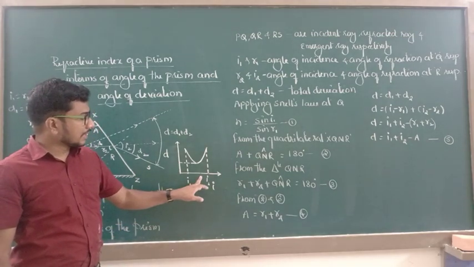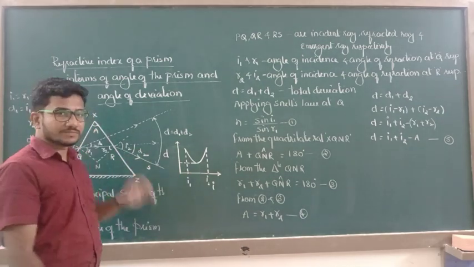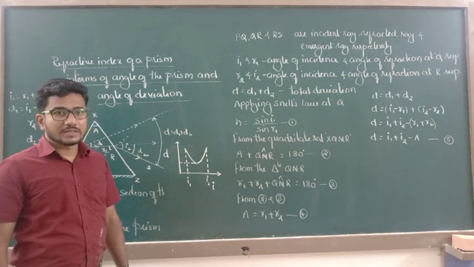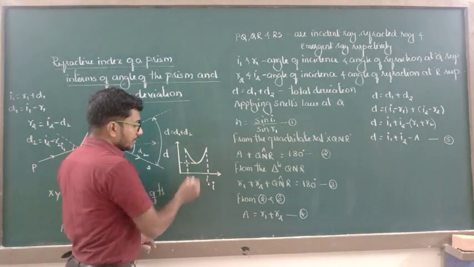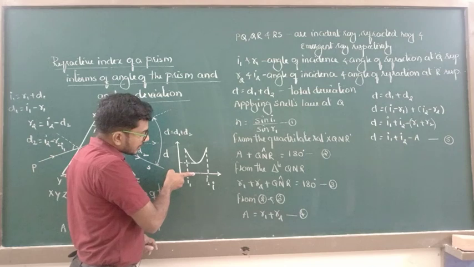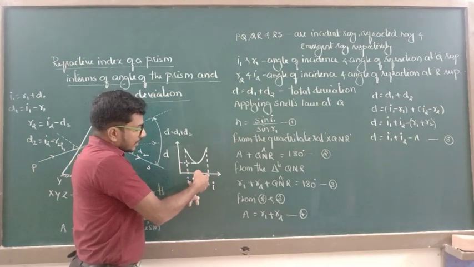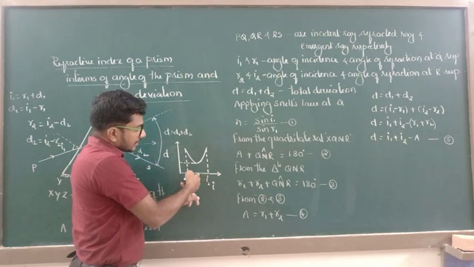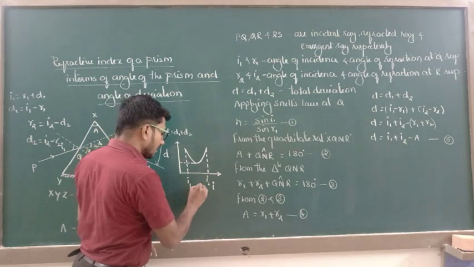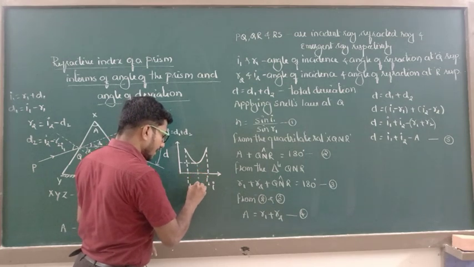So here, either by considering the direction of light left to right or right to left, at this minimum deviation, the angle of incidence is the same at this point. At this point I1 is equal to I2.